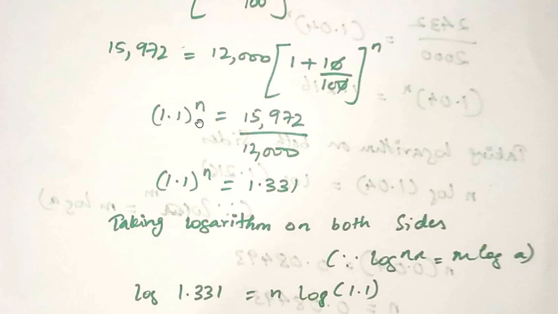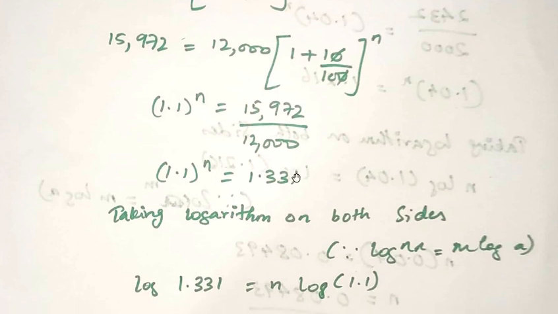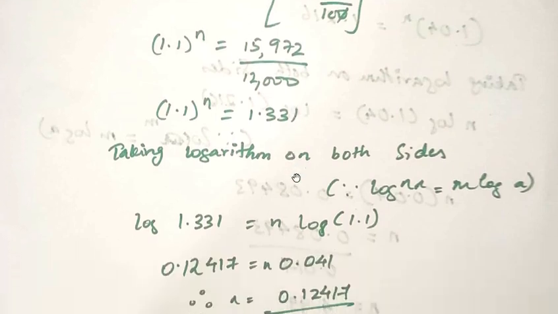So 1.1 to the power of n is equal to 15,972 divided by 12,000, since when it goes to the other side, multiplication becomes a division sign. So 1.1 to the power of n is equal to 1.331.